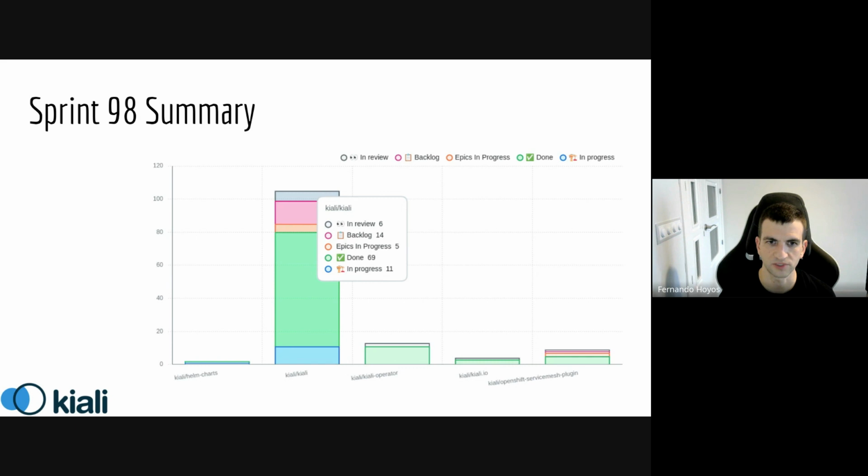Here also you can notice that there has been some work in the Kiali operator and the OpenShift Service Mesh Console plugin, because we are working towards the release of the GA version of the OSSMC, and also integrating it in the Kiali operator, which I will explain later.